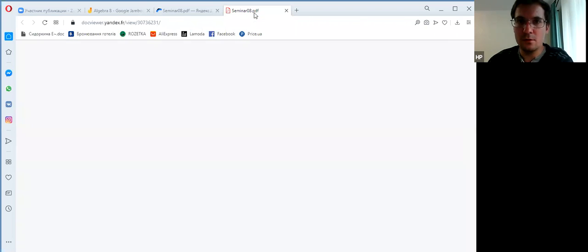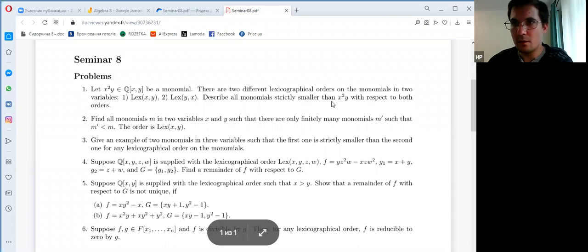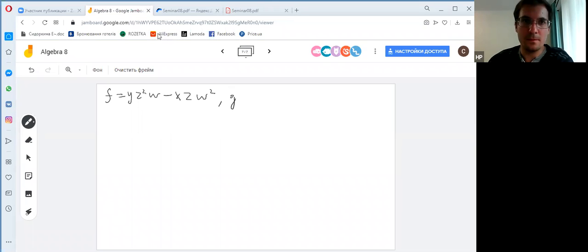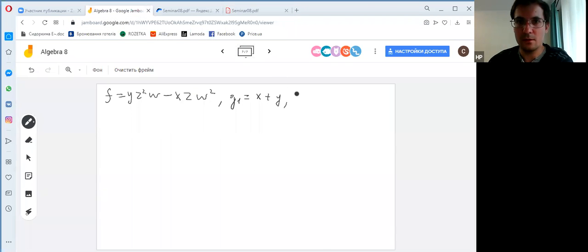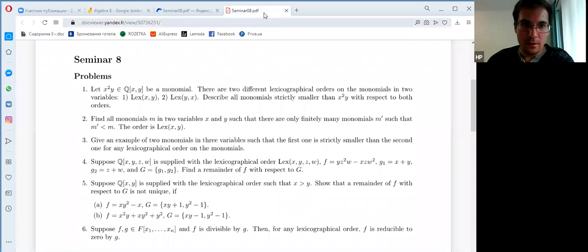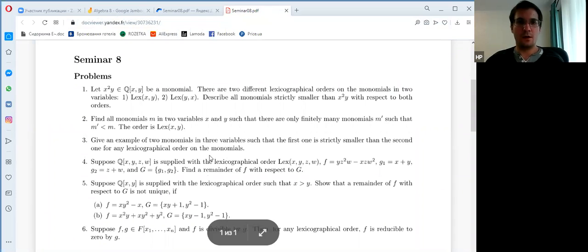The polynomial g1 is x plus y. And the polynomial g2 is z plus y. And we want to find a remainder of f with respect to this system of g1 and g2.